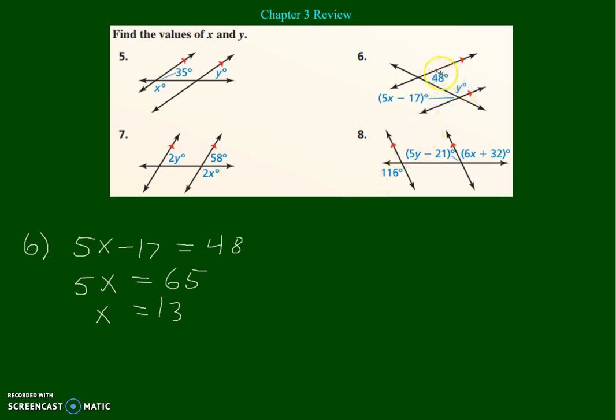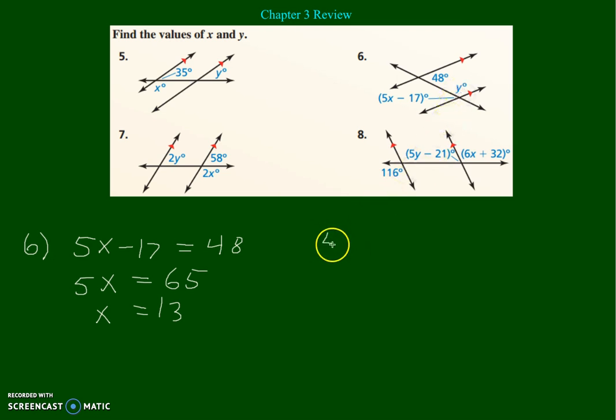Here we have a different relationship between 48 and angle y. These two are consecutive interior angles. If two parallel lines are cut by a transversal, then the consecutive interior angles are supplementary, which means this angle plus this angle add up to, I should say, 180 degrees.